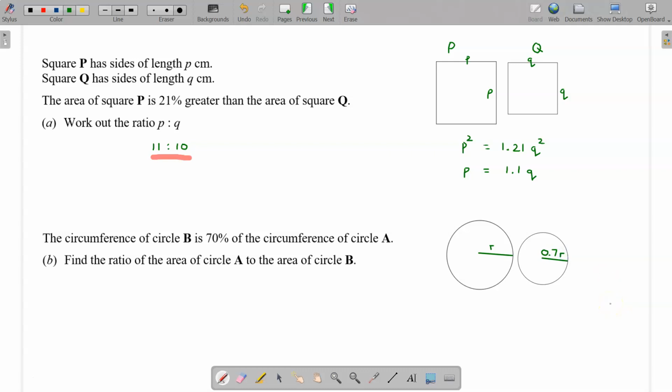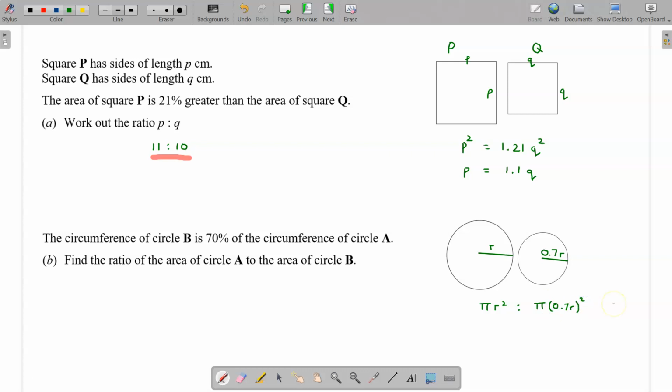So what we have to do now is make a connection between the two. The area of the one on the left is pi times R squared, and the area of the one on the right, if I write it as a ratio, is pi times 0.7 R, all squared.